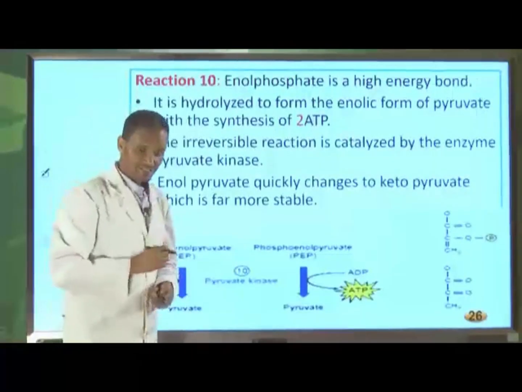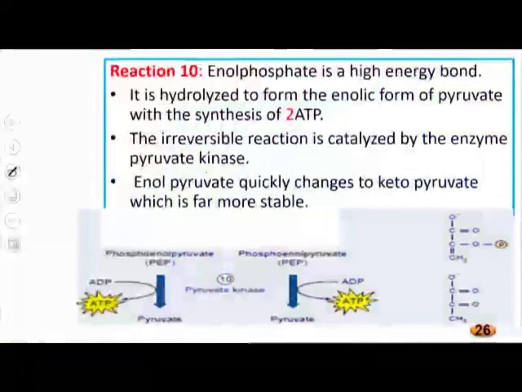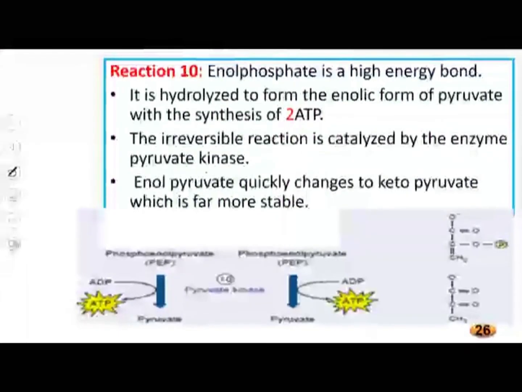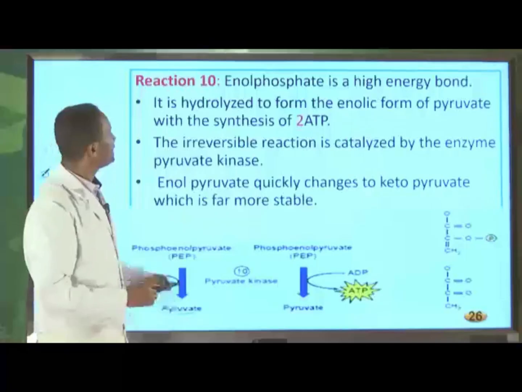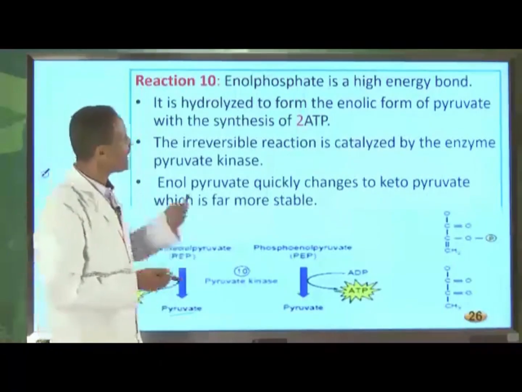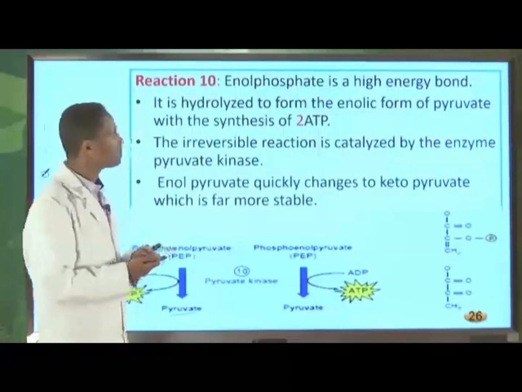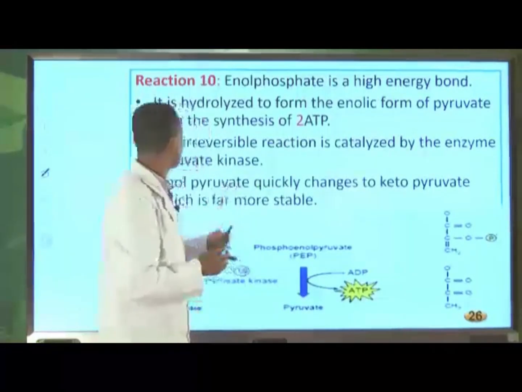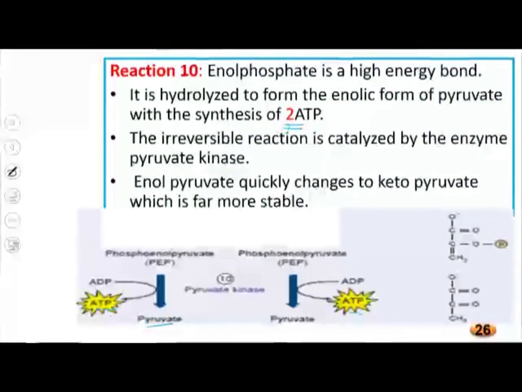The last step of glycolysis is reaction 10. In reaction 10, phosphoenolpyruvate is changed into pyruvate. Here, phosphoenolpyruvate has a high energy bond. This is hydrolyzed to form the enolic form of pyruvate, with the synthesis of 2 molecules of ATP gained by this process.